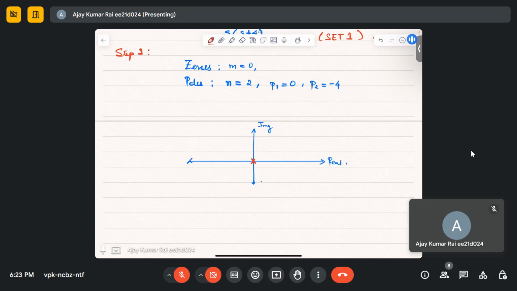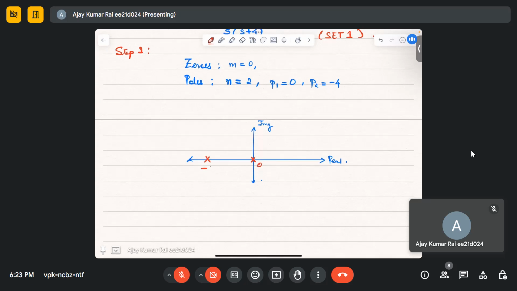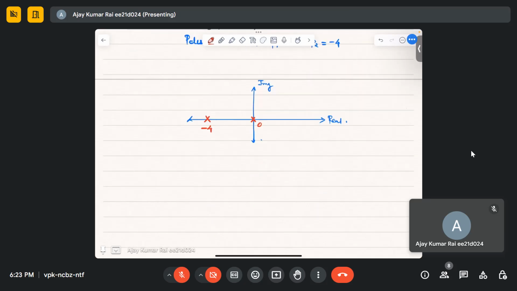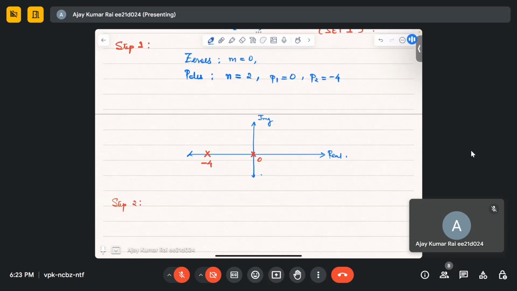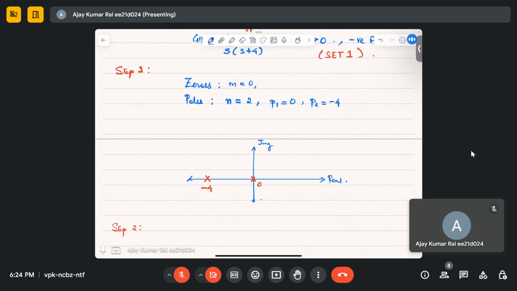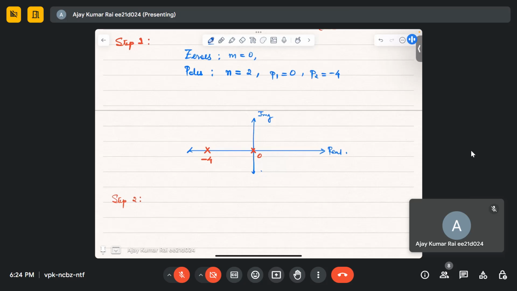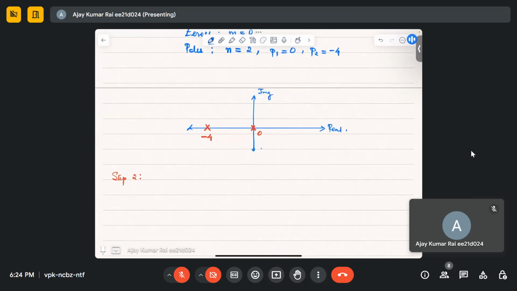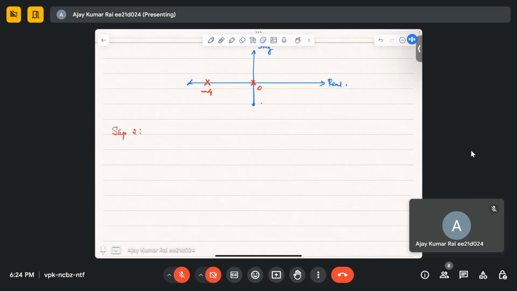One is lying at the origin, and the other is at -4. Okay, so this is step 1. Very simple. So what is step 2? You'll find out on the real axis where the root locus is lying. That is step 2. Okay, so just copy this.